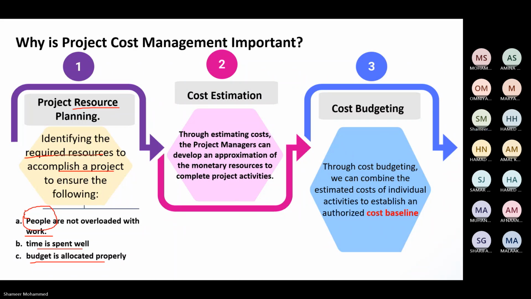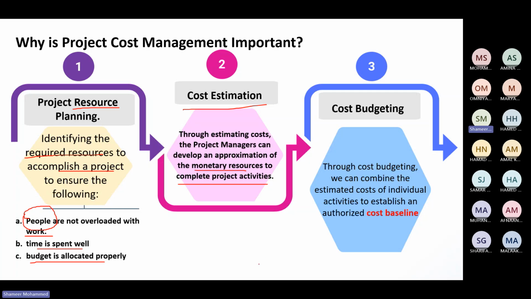Exactly. Then by identifying that, I should calculate the total cost of the project. Cost estimation of the project I also need to do, the approximate money that is needed to complete the project activities. Last one, through cost budgeting, we can estimate individual activities cost.